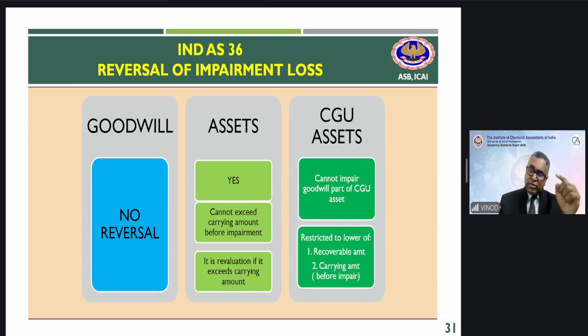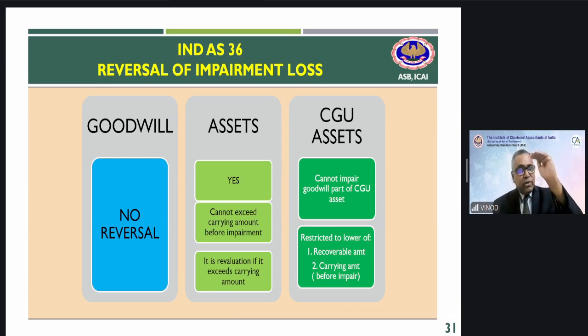Impairment losses are first allocated to goodwill, but later on, if it becomes impairment gain, do not reverse the losses allocated to goodwill. But the losses allocated to the asset, you can reverse back, subject to the condition that it does not exceed the original carrying values less depreciation.